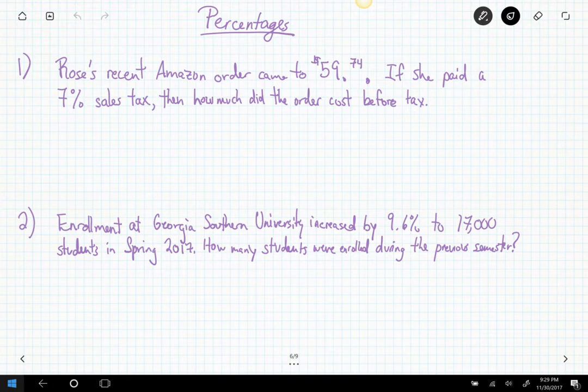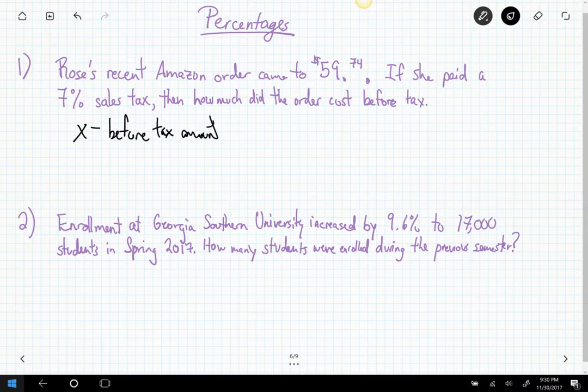So let's call X the before tax amount. A lot of people freak out with X, but don't let that fool you. So we have X plus we have that extra 7% sales tax on X, right? So 7%. And that should equal $59.74.